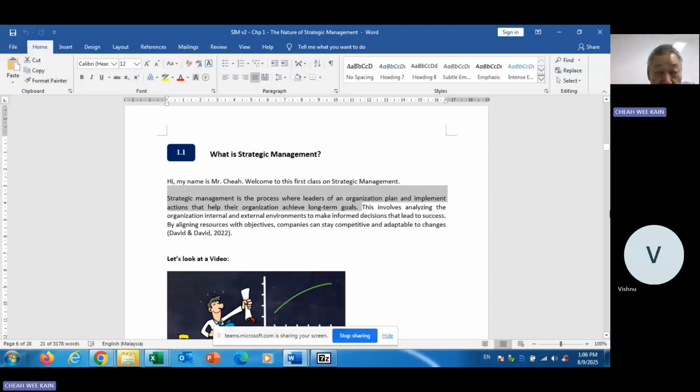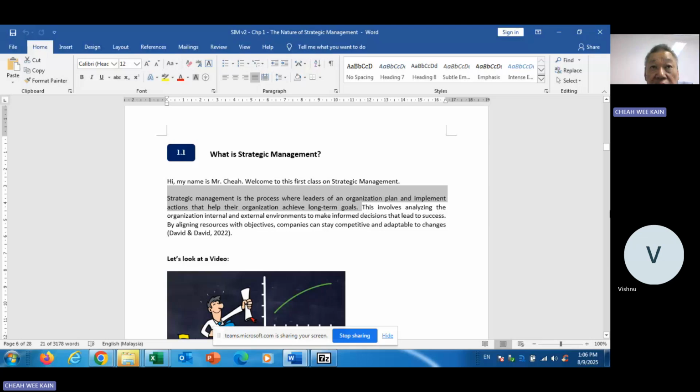It's because maybe their strategic management is not very good. Now, like I say, the primary or first objective of any organization is to make a profit. A business organization's first priority is to make profit. And strategic management is the way for them to achieve profit over a long-term period.